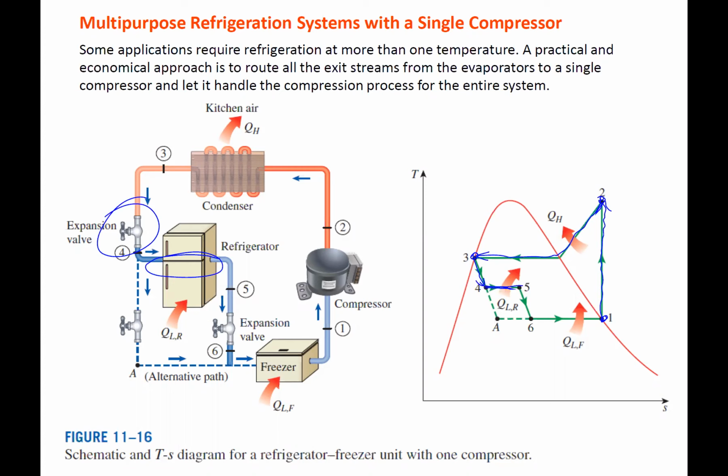And then we have our evaporator in that space. And then we expand it again, dropping the pressure more, so it drops even colder, and that would take it down to the temperature that's needed for the freezer. So then your cooling, Q_L, is this plus this, the refrigerator plus the freezer.